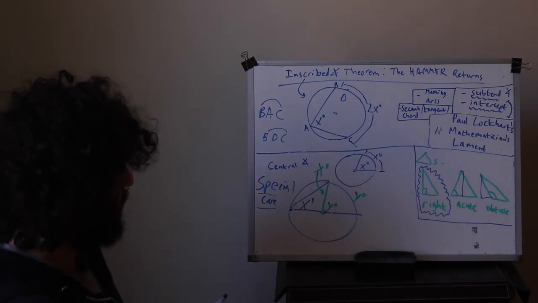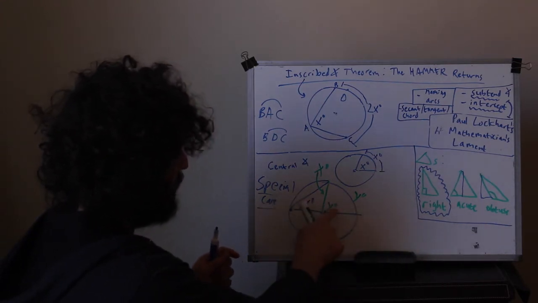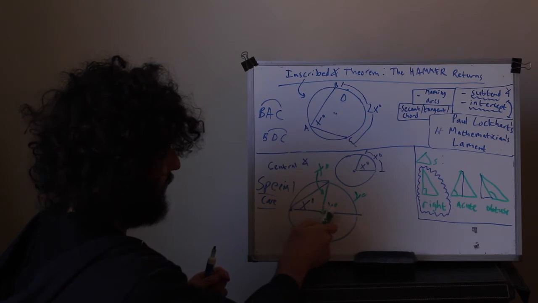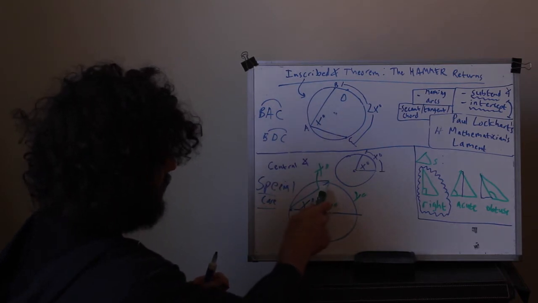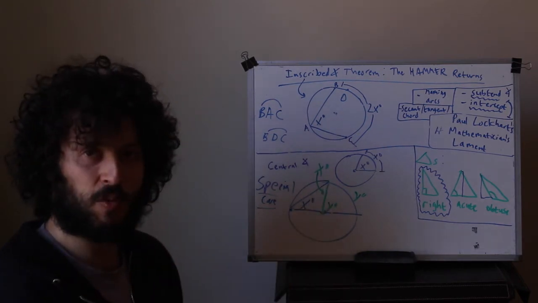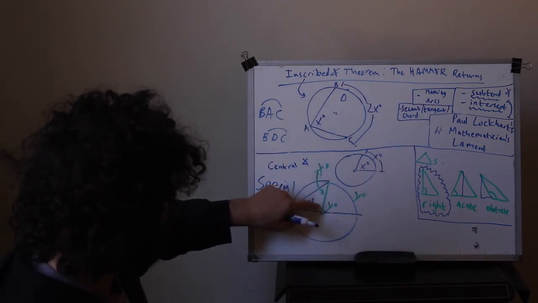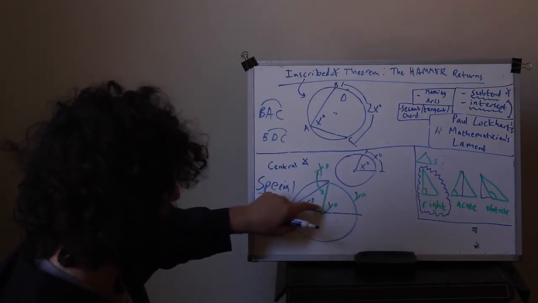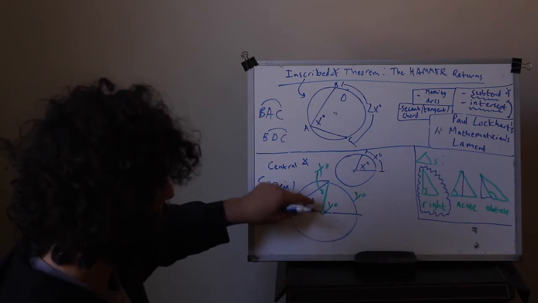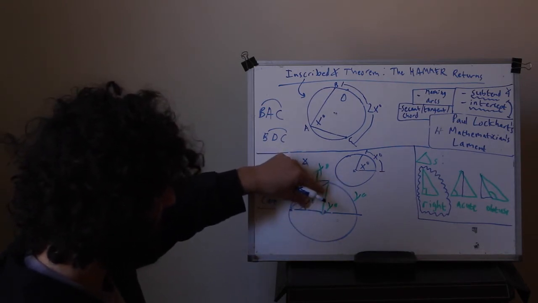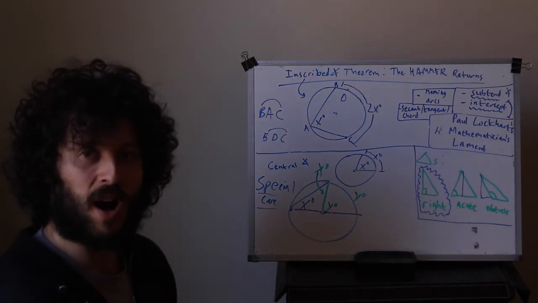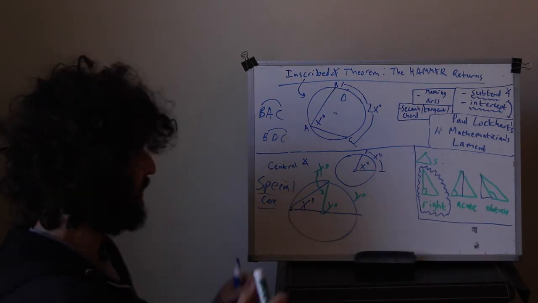Now check this out. This is a straight line, so y plus whatever this angle is going to be 180. And the three angles here sum to 180 as well. So in other words, 2x plus whatever that is is 180, and y plus whatever that is is 180. So therefore the 2x must be the same as the y. Let me run that through again.